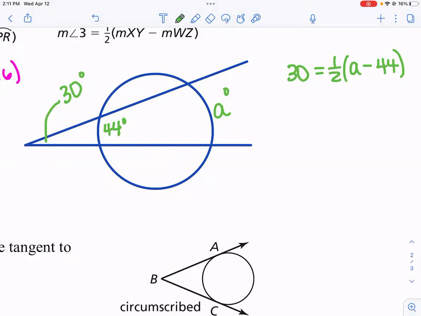Let's multiply both sides by 2. 60 equals A minus 44. So what's A? 104. We have to add it. A minus 44, we're going to have to add. Oh, it's the difference. Yep.